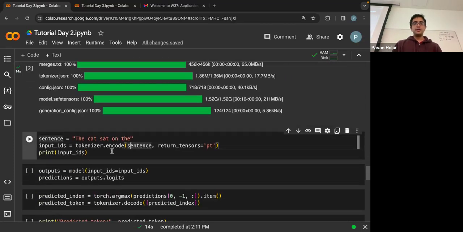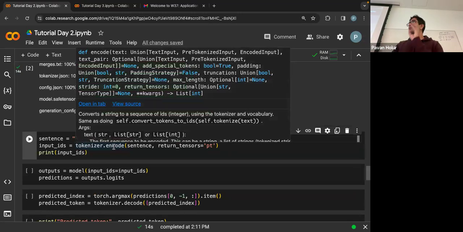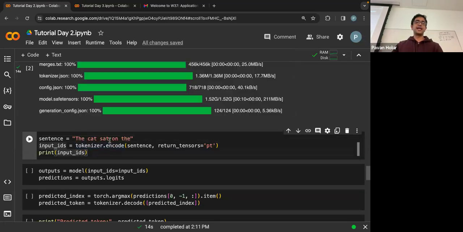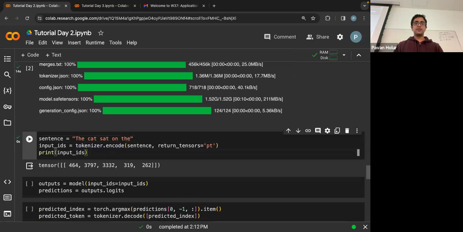Okay, so now we do the same thing, right? The cat sat on the, that's the sentence, that's the prompt, tokenizer.encode. Again, we ran this exact experiment on the first or second day using guidance, but now we're going deeper into the weeds to see how to do it without guidance, right? Hopefully we all remember what the tokenizer does, and it returns token identifiers in the vocabulary.